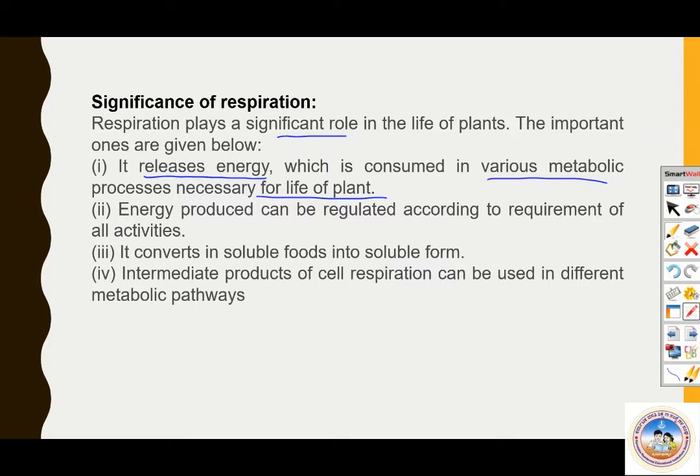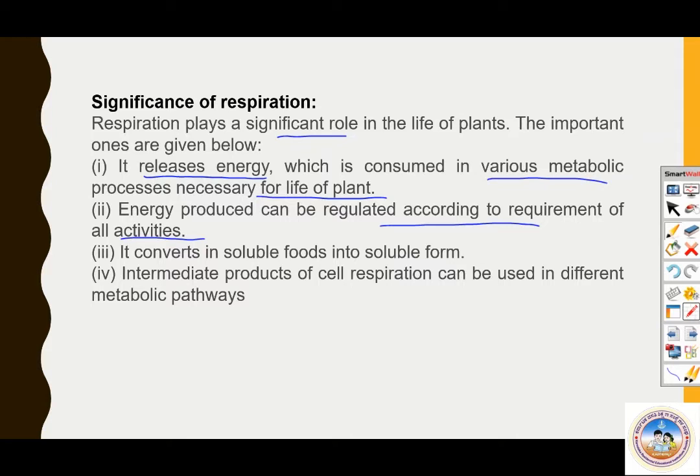Moving ahead, second one: energy produced can be regulated according to the requirement of all activities. So whatever energy is released can be used in various metabolic processes. Am I clear to you?